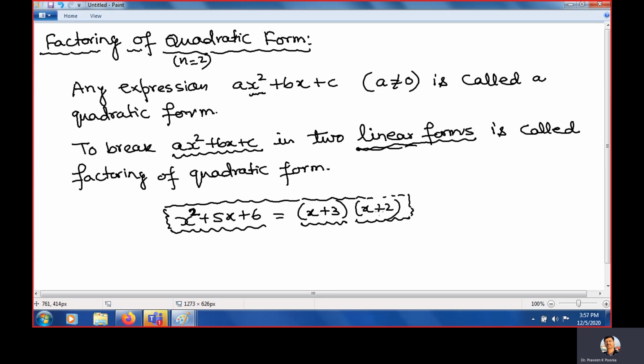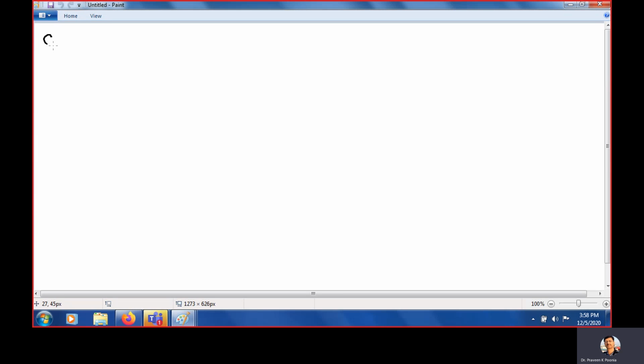So this is what we are going to do in this chapter, that some quadratic expression will be given to you and you need to factorize it. Clear? And to factorize it, the process is very simple. Clear? There are three possible cases. We will study three possible cases, and first we will study case 1. And what is case 1?